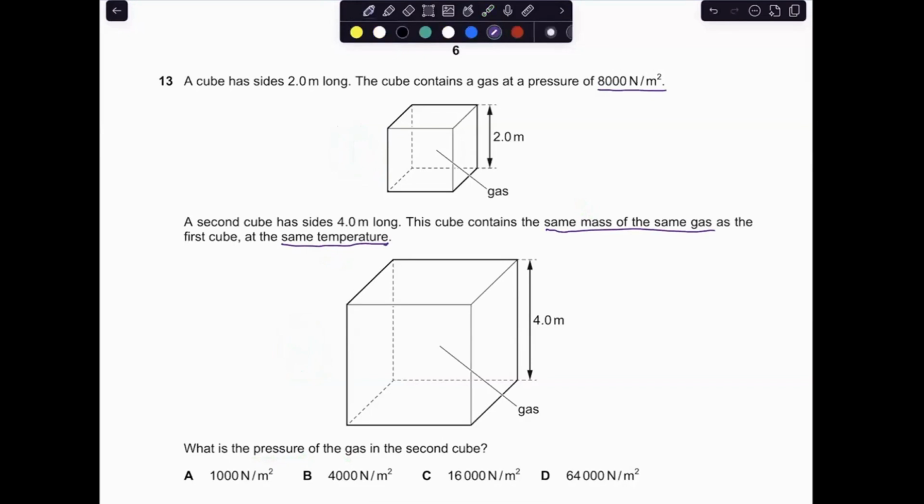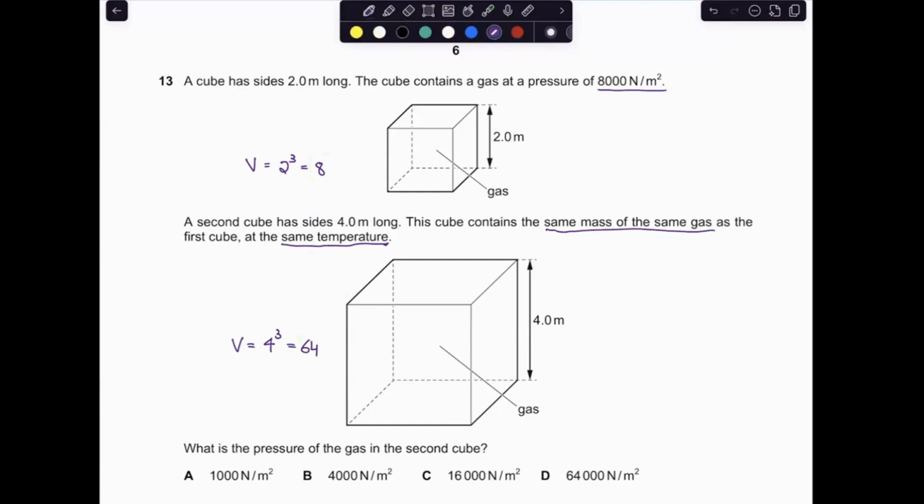Exactly. And the volume in the first case is just 2 cubed, so that's 8. And the volume here is 4 into 4 into 4, which is 4 cubed, that's 64. Now we can see that the volume is going up by a factor of 8. Is that right? Yeah. So the second cube has a volume that is 8 times larger.